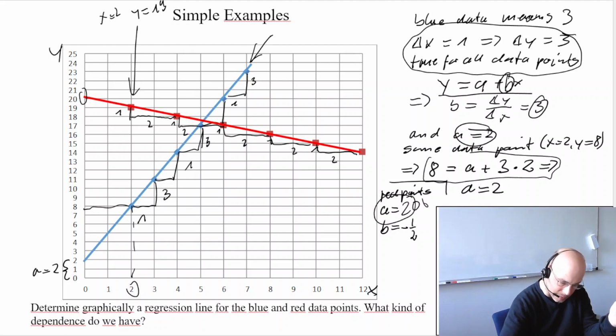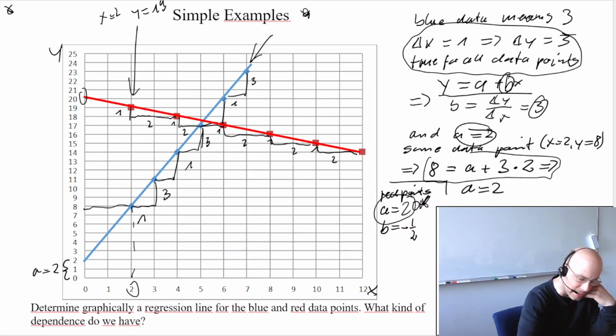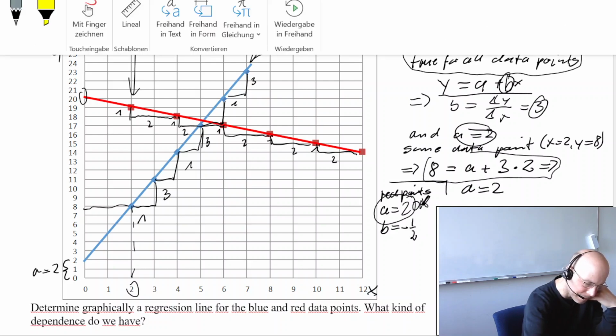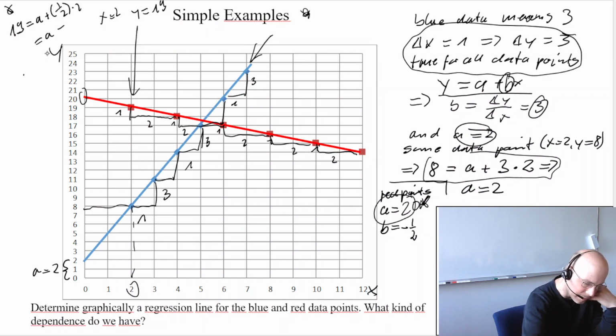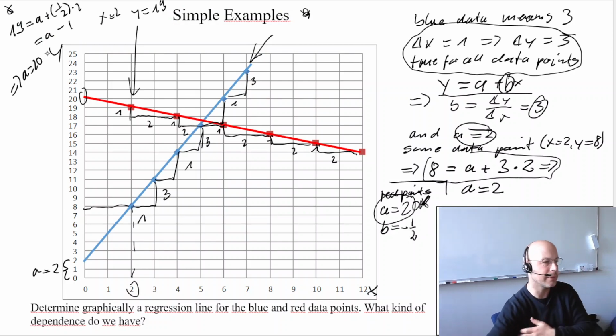So this star here comes from this data point. For example, you can actually use any data point you have given. So 19 equals a plus minus 1/2 times 2 is a minus 1, minus 1, so we obtain a is 20.